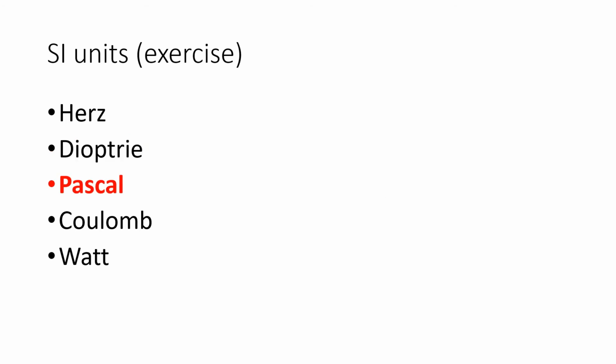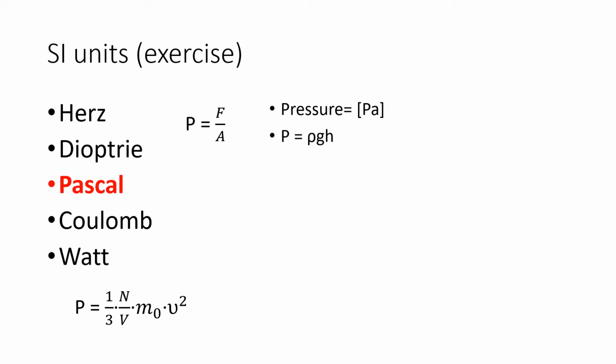Pascal is the unit of pressure. Any formulae for the pressure you can remember are useful to express Pascal in terms of base units. In particular, we are going to use the formula for hydrostatic pressure: P equals rho multiplied by g multiplied by h.